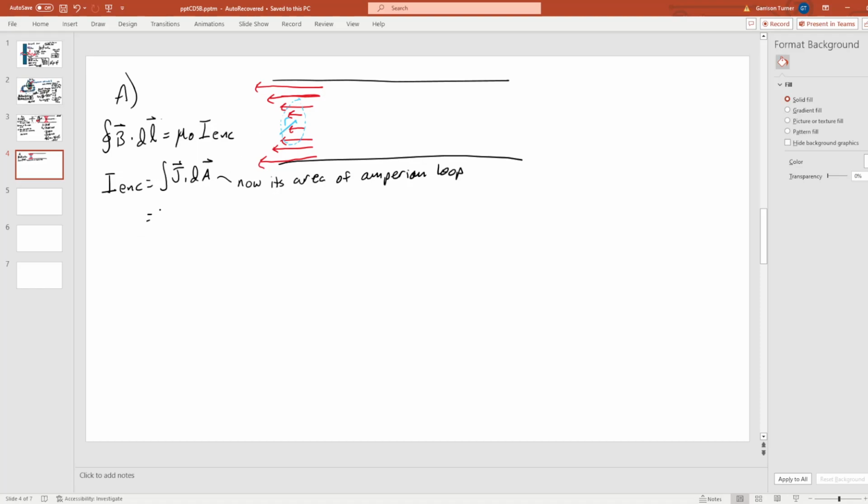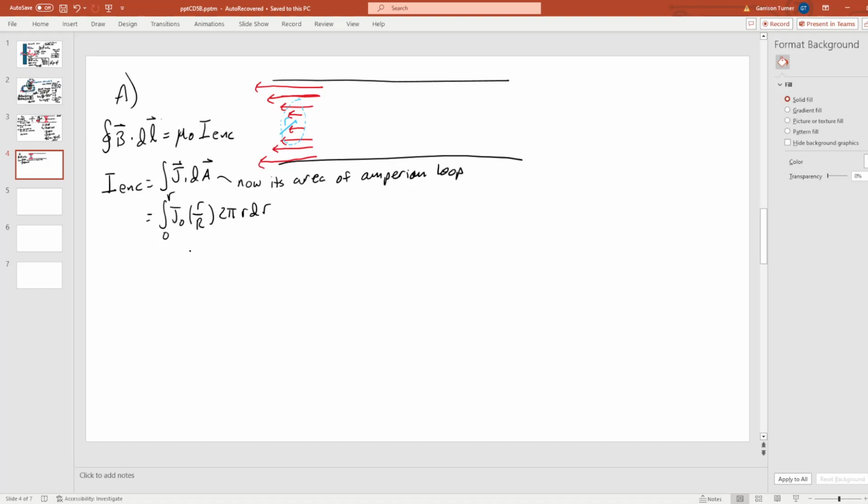Okay, so this is going to be J naught. I'm already going to go through the dot product because we just did that in the last slide, so we'll skip that step. And here we have to be very careful, and I'm generally very sloppy with this, so I need to do this a little bit better.